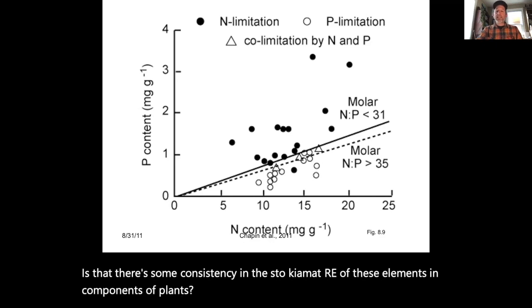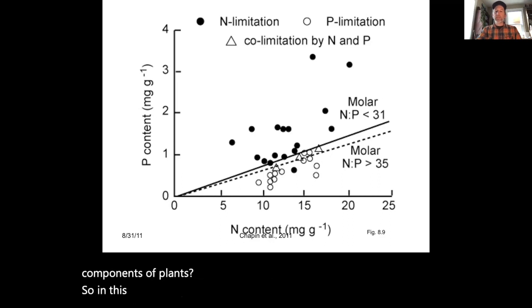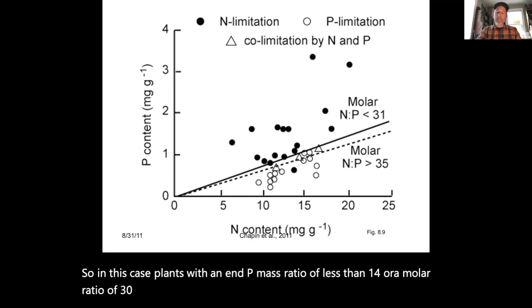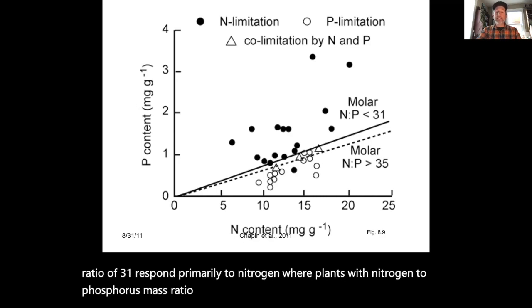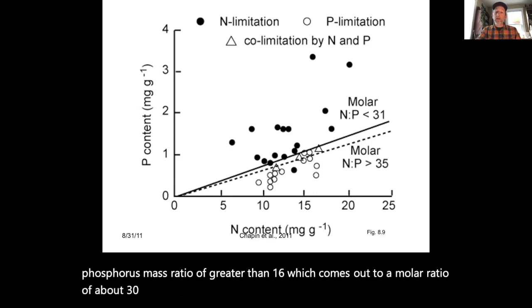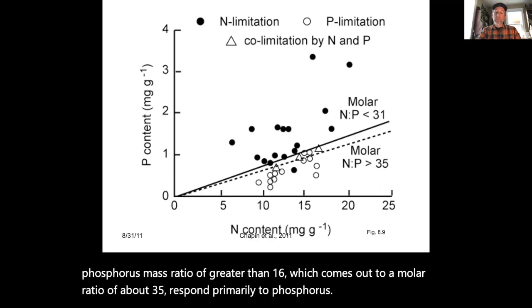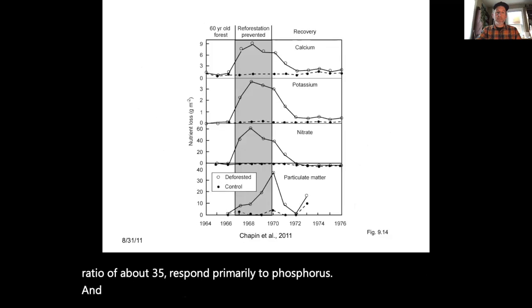So in this case, plants with an N to P mass ratio of less than 14, or a molar ratio of 31, respond primarily to nitrogen, where plants with a nitrogen to phosphorus mass ratio of greater than 16, which comes out to a molar ratio of about 35, respond primarily to phosphorus. And this again comes from that Chapin textbook.